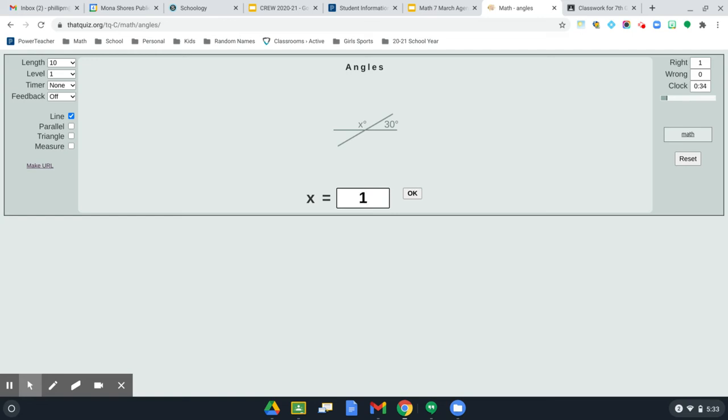Well, 150, right? So remember, make sense of it when you're finding these. What I mean by that is this missing angle is obtuse, so this large angle has to be over 90 degrees. Then after you figure that out, yep, 150 plus 30 does give me that 180. Okay, it's a supplementary angle.